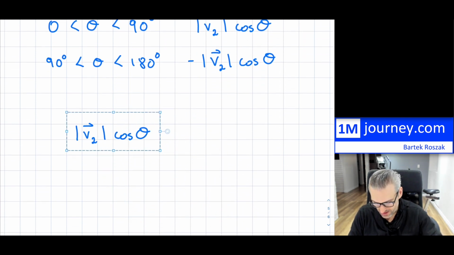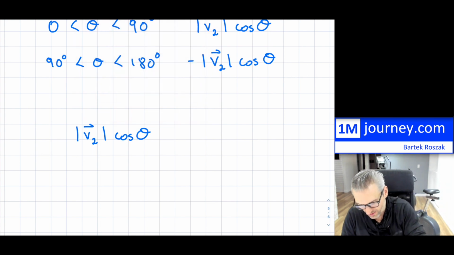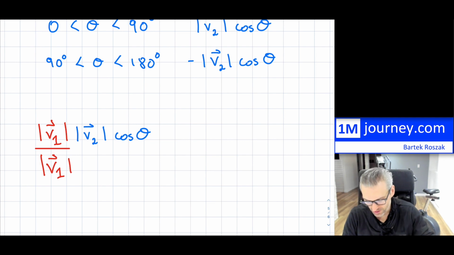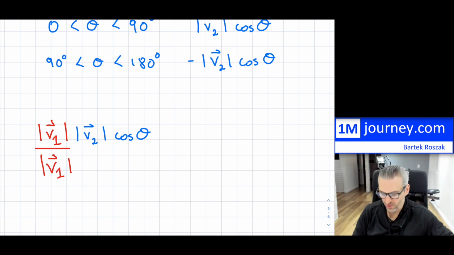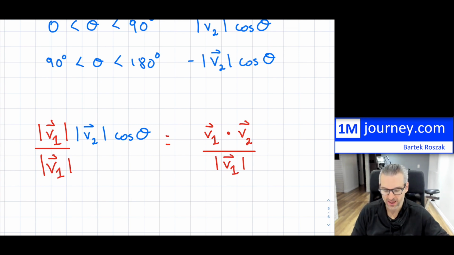Notice that you can simplify this with the trick over there, by multiplying by the magnitude of V1 and then dividing by V1, the magnitude. That doesn't change anything for us, but this is going to be equal to V1 dotted with V2 divided by simply the magnitude of V1. So that is the same.